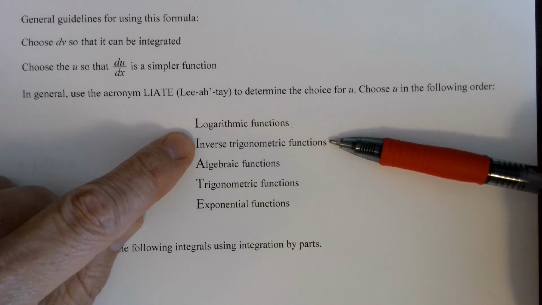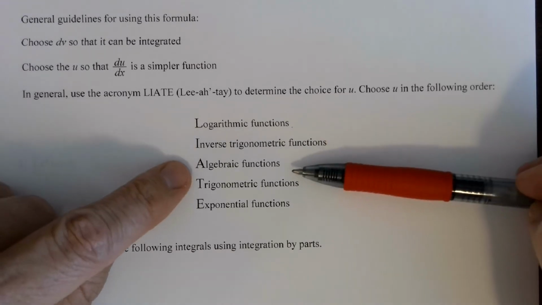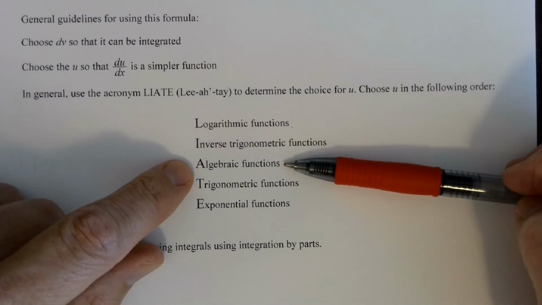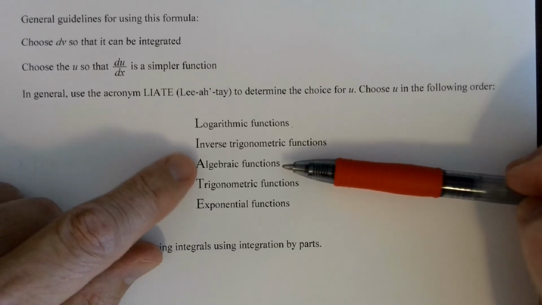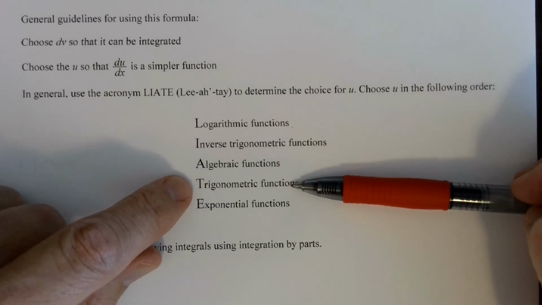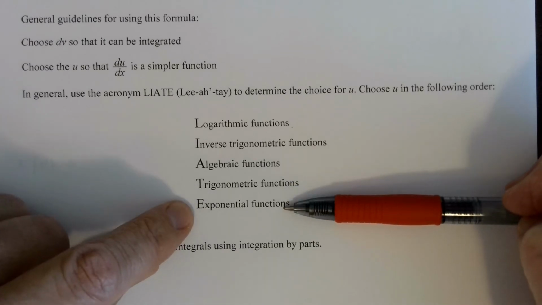Choose u to be that, interestingly enough. Not until the third choice does algebraic come. What are algebraic functions? Like polynomials, x squared plus 3x and so on. Choose algebraic. Then come trig functions, sine, cosine, secant, cosecant, and those. And then lastly, exponential functions like e to the x.